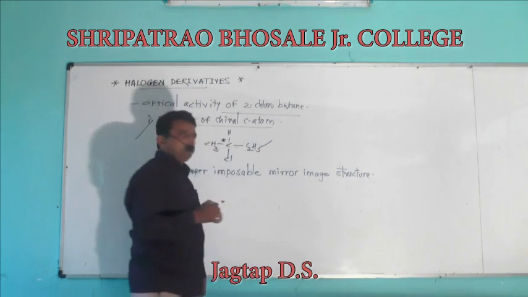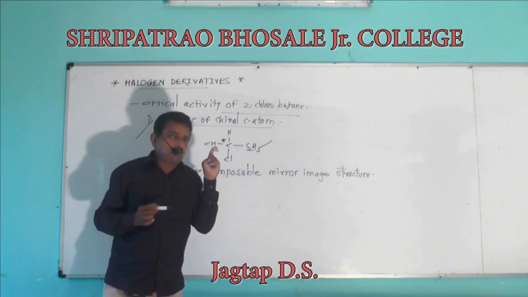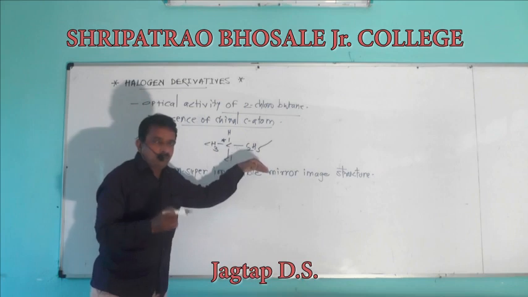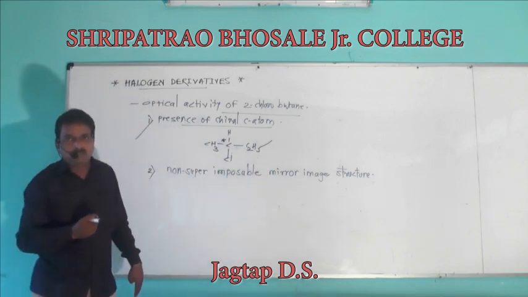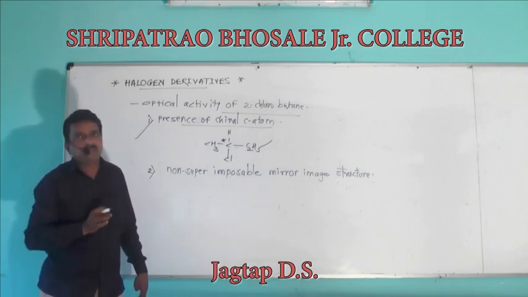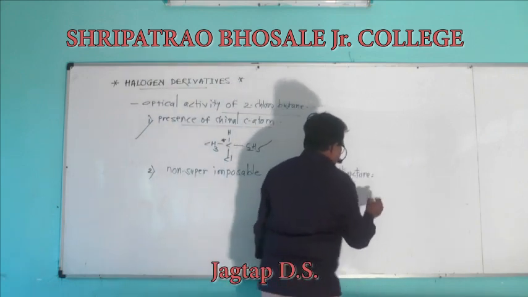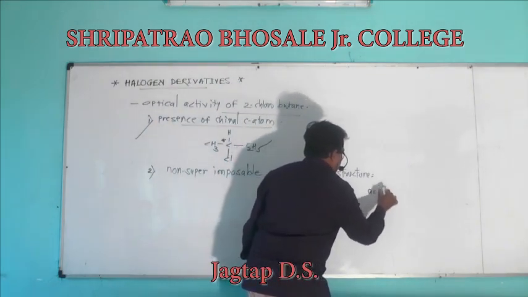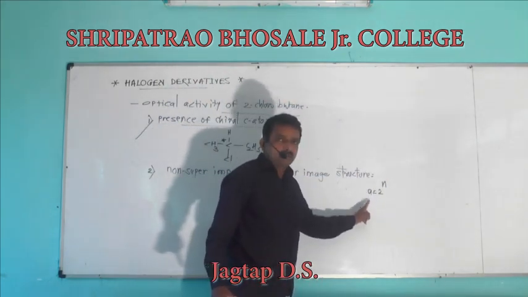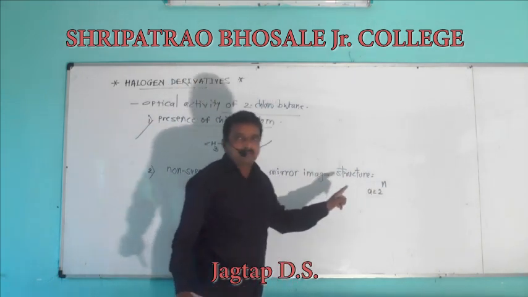As 2-chlorobutane contains one chiral carbon atom, it exhibits optical isomers. The number of optical isomers can be calculated by the formula A is equal to 2 raised to n, where A is the number of optical isomers and n is the number of chiral carbon atoms.